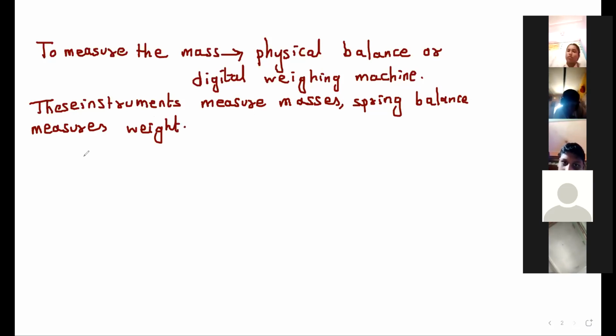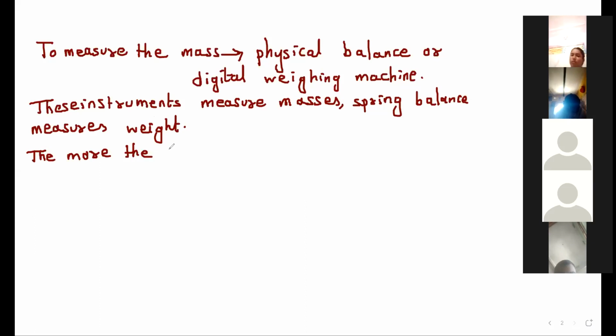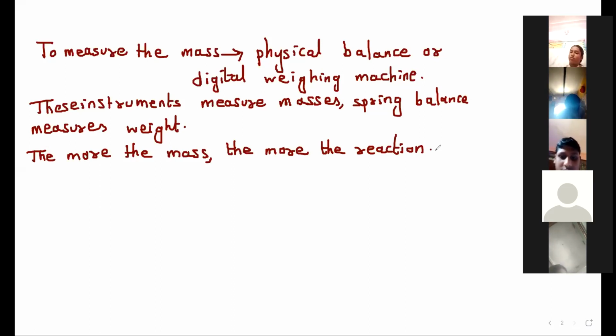So to measure the mass, naturally the more the mass, the more the reaction. This is one aspect. As I told you on the previous page, you measure the volume of a gas with the help of a gas syringe.